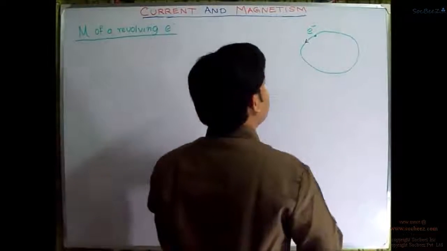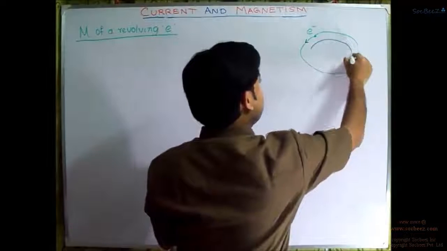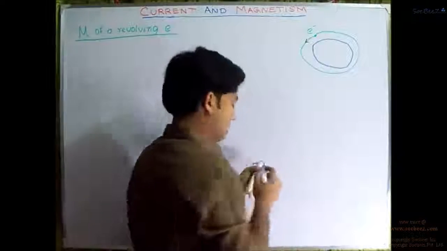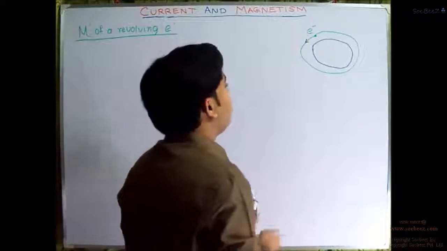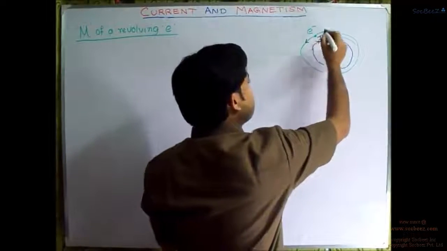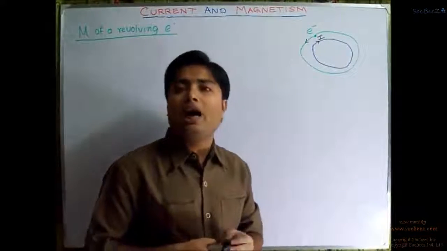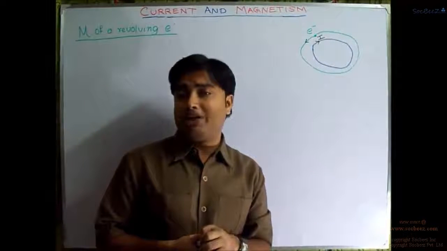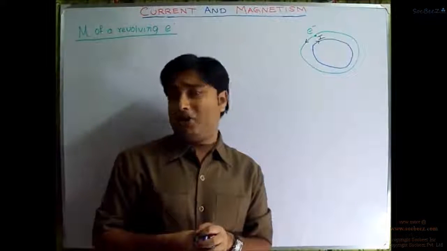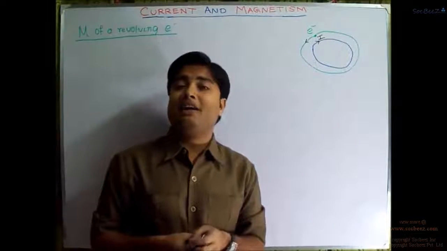So we can say that the I that is being produced over here will be along this path, and the direction of I will be like this. From current electricity we know that I flows from the positive terminal of the battery to the negative terminal in a circuit, whereas the electrons, being negative, are attracted towards the positive.